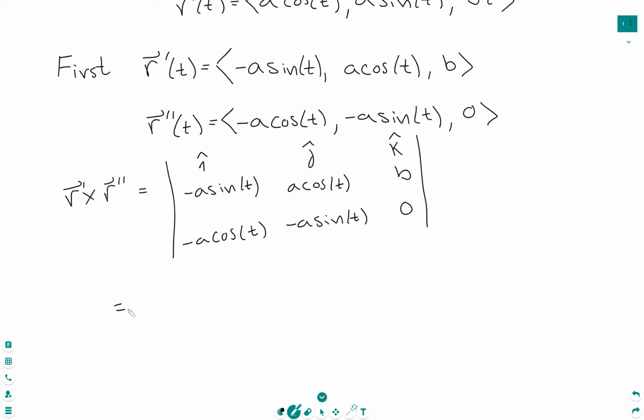Okay, so we go ahead and do this cross product. The x element will be the determinant of this 2 by 2 here. It looks like we get a 0 times an a cosine t, which is nice. And then we subtract this b times this negative a sine of t. So all that's left is an ab sine of t.